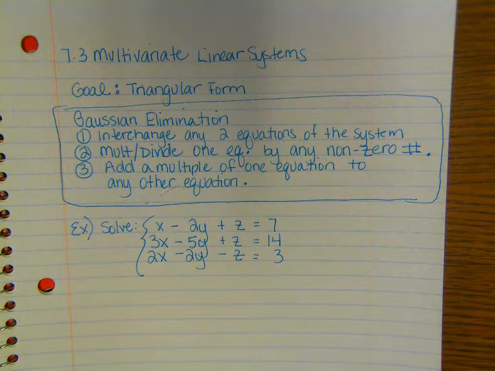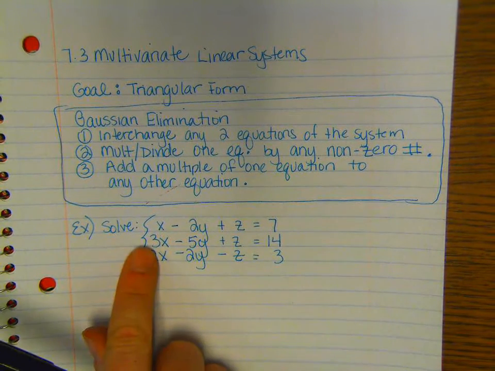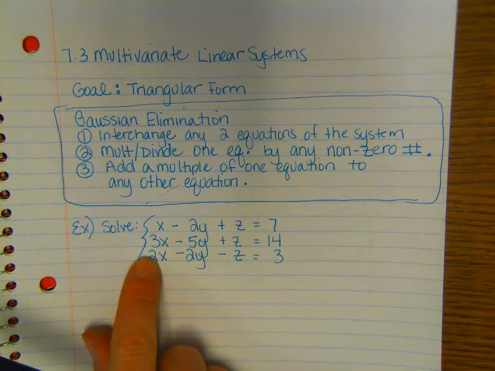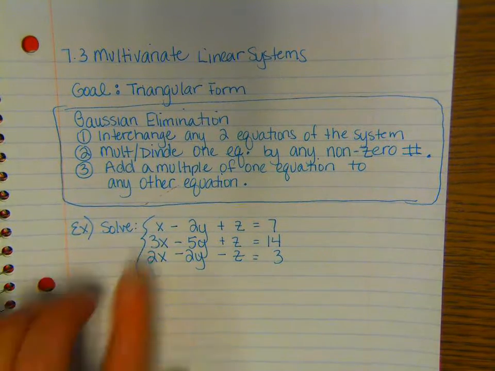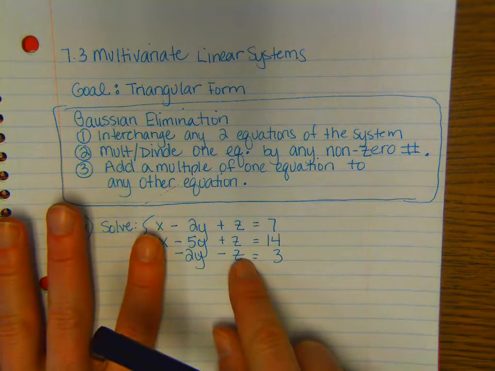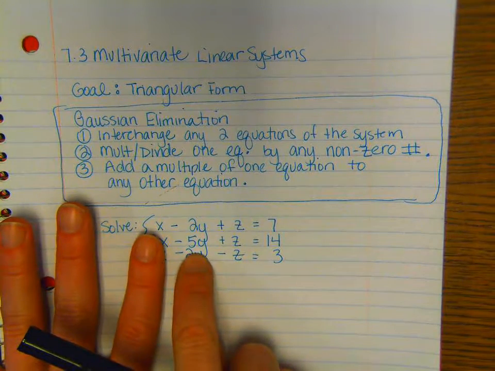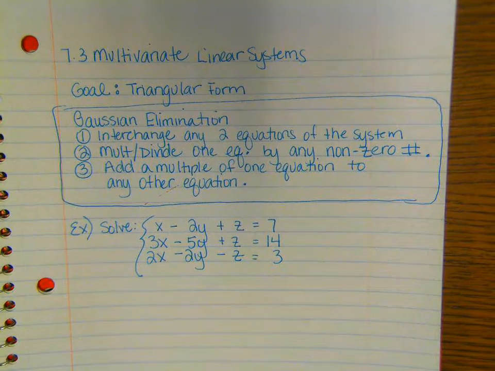X. So here's my 3 steps. I get rid of X here. I get rid of X here. And then I have Y's and Z's, and then I can get rid of Y here. So get rid of X in row 2, get rid of X in row 3, and then get rid of Y in row 3. Those are our 3 steps.